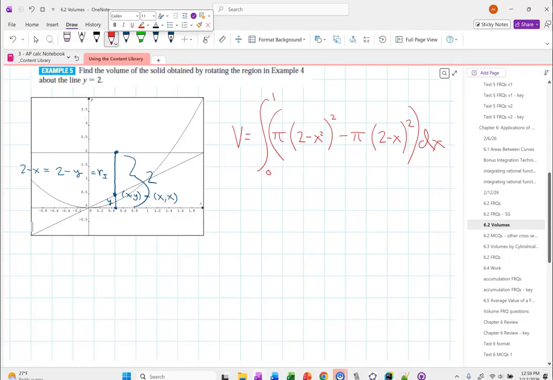To do the antiderivative of this, I don't have a way to do this antiderivative as it's currently written because it would require a u substitution, but I won't have an extra negative 2x anywhere. So rather than try to muck around and do something complicated, I'm just going to FOIL this thing out.